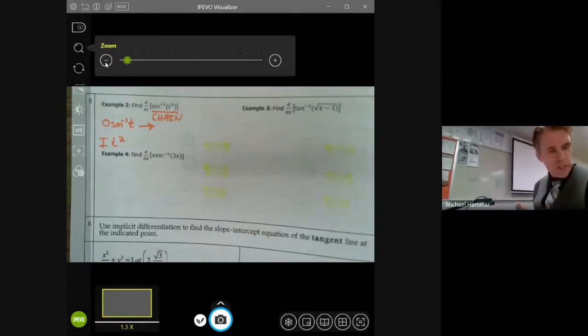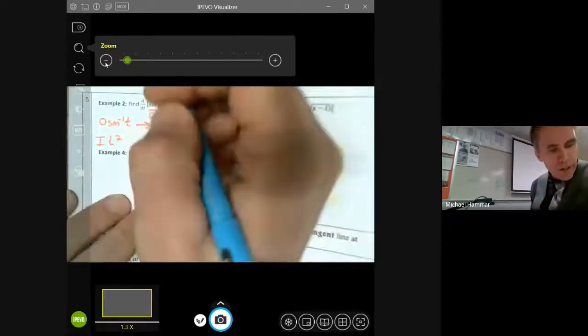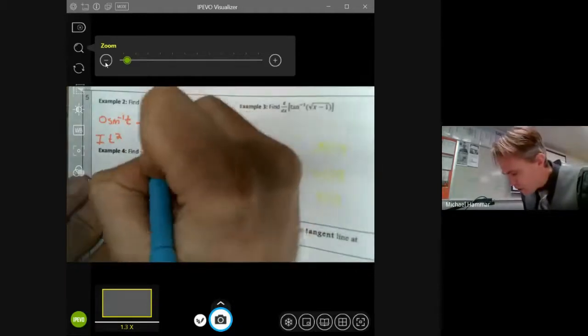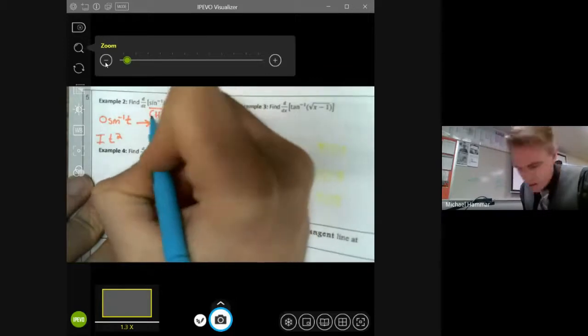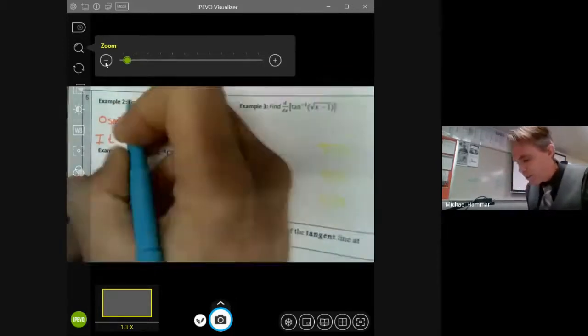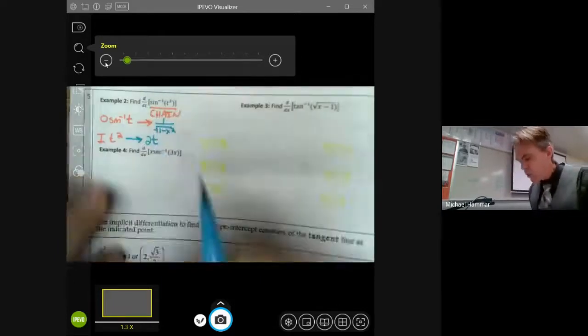The derivative of sine minus 1, okay, so the derivative of that one is 1 over the square root of 1 minus x squared. And the derivative of t squared is 2t.